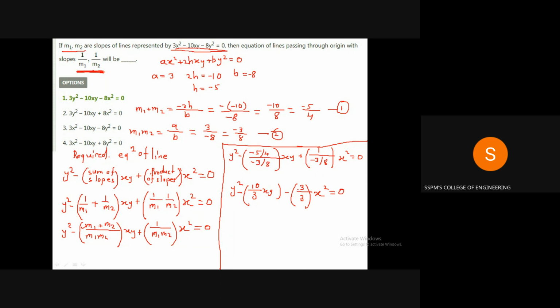So the final answer will be y square minus 10 by 3 xy plus 8 by 3 x square is equal to 0. If we multiply the whole equation by 3 you will get 3y square minus 10xy plus 8x square is equal to 0. So this will be the correct option, okay?